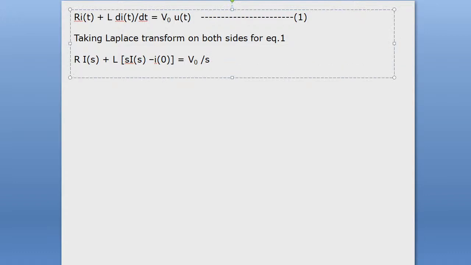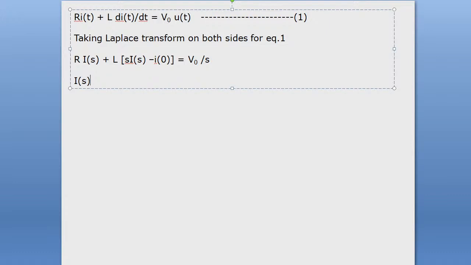Now we can write I(s), the Laplace transform of the current i(t), equal to V naught divided by, you just take s common, s into (R plus Ls).